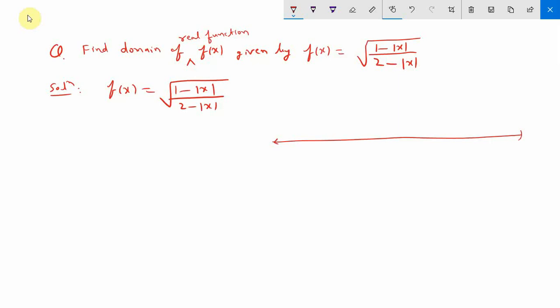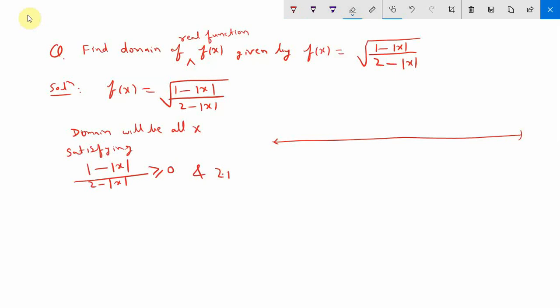Domain will be all the values of x satisfying (1 minus mod of x) divided by (2 minus mod of x) is greater than or equal to 0, and 2 minus mod of x should not be equal to 0.